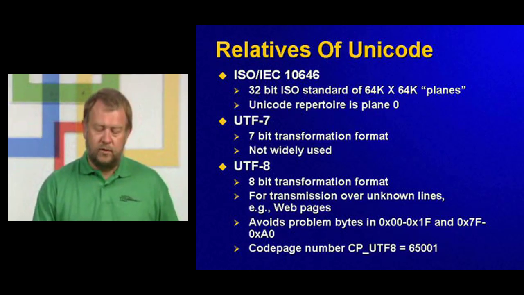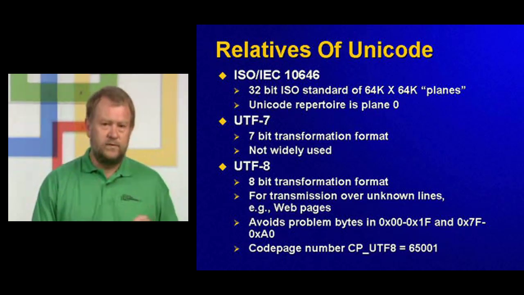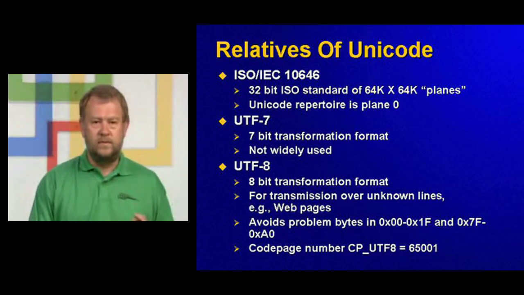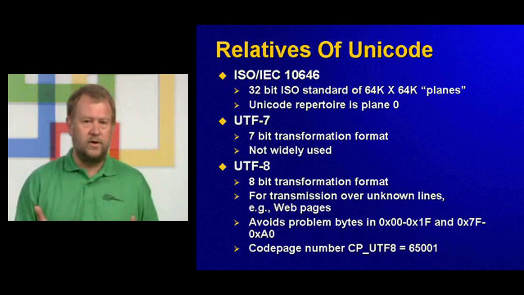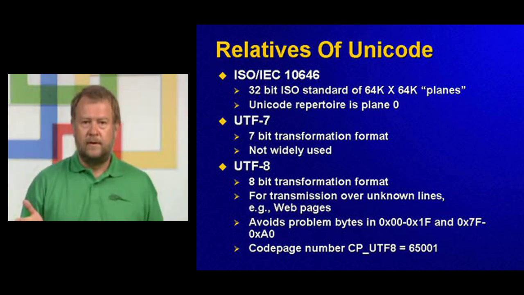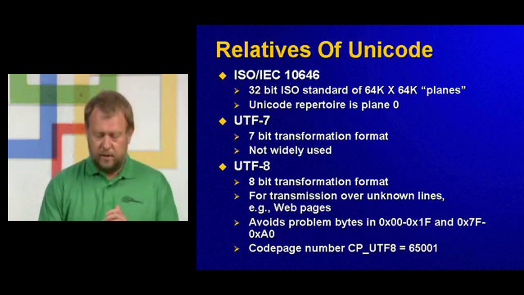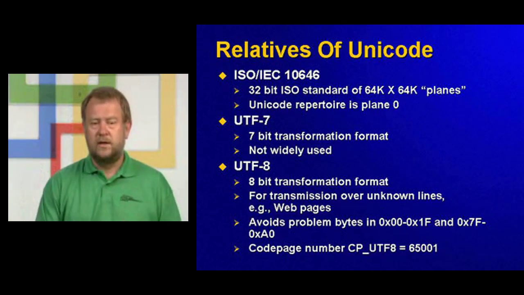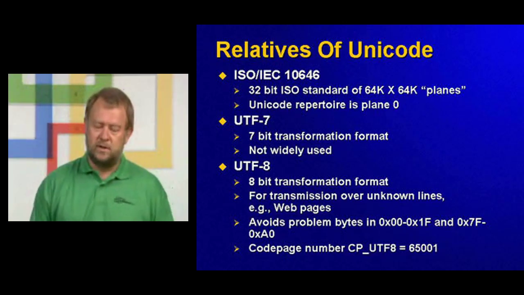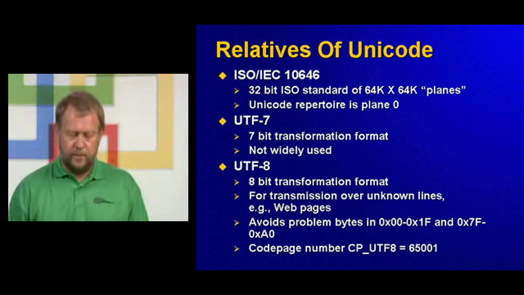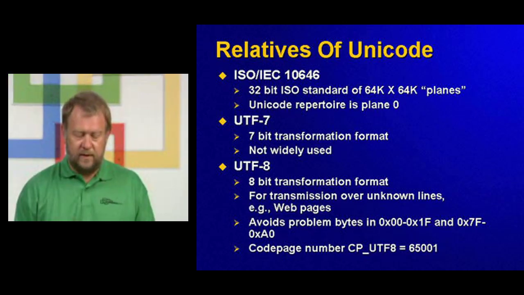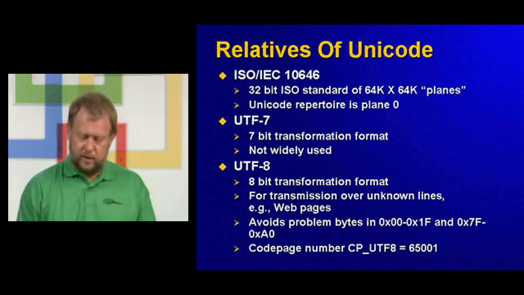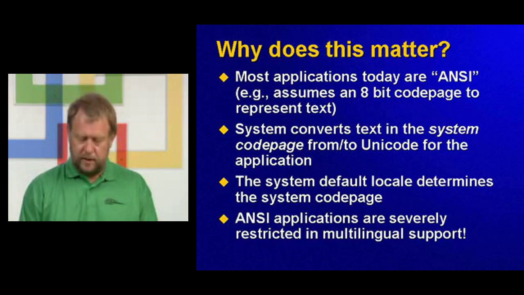It avoids those, and therefore it's useful in situations where you don't know where that text is going to end up. So for example, it's very useful on the web. The W3C consortium is encouraging people to use UTF-8 as their encoding for web pages, because you don't know where it's going to end up, but you know it'll be safe if you've encoded it in UTF-8. It won't get hammered by some legacy software or hardware.